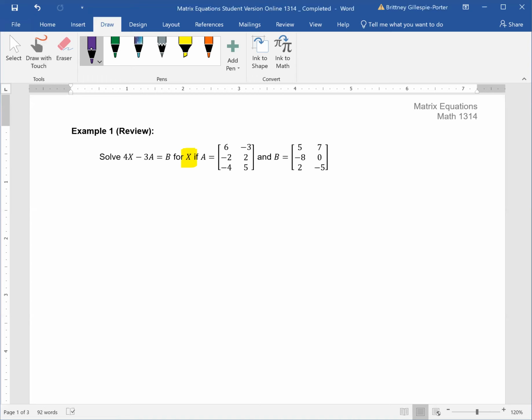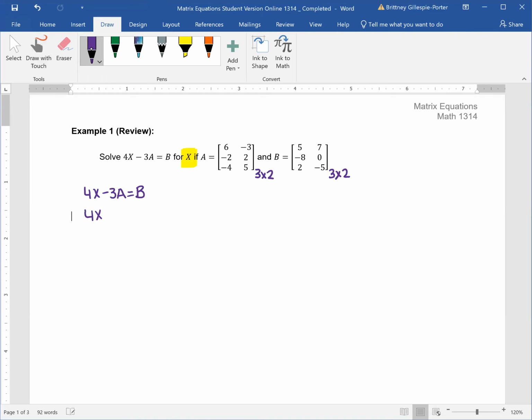A has 3 rows by 2 columns, so it's a 3 by 2, and B is the same. So we will be able to add or subtract them, but we will not be able to multiply them. Okay, so if we are looking at our equation that says 4x minus 3a equal to b, let's go ahead and plug in for a and b.